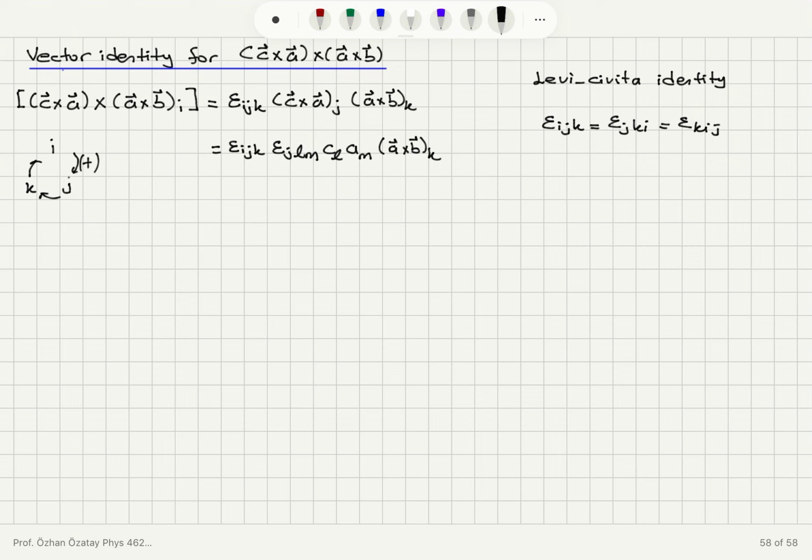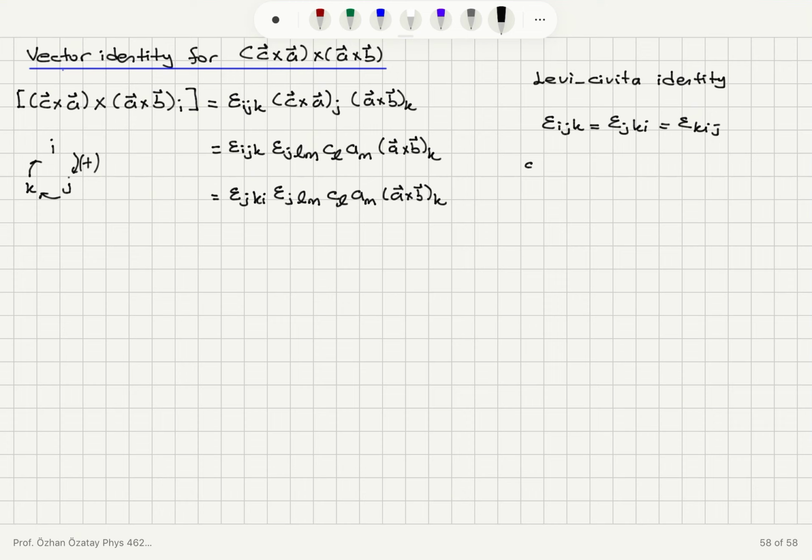Using this property, I can write epsilon ijk as epsilon jki. So this is epsilon jki, epsilon jlm, CL AM, with A cross B's kth component. Now I have encountered the product of two epsilons where the index j is in the same location.